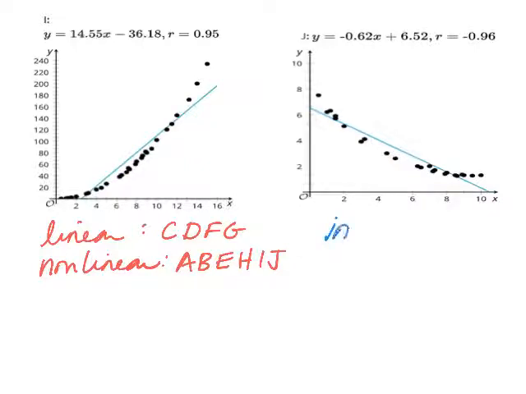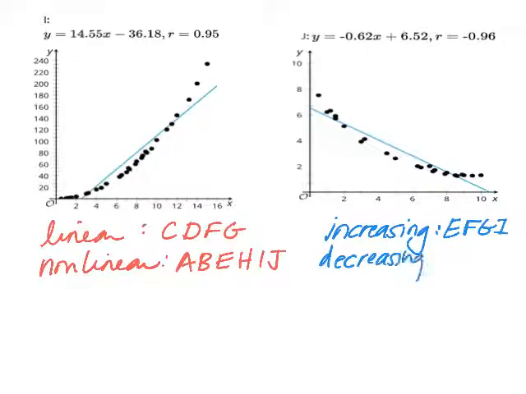So we have our increasing, and these were E, F, G, and I, and those decreasing were A, C, D, and J. And of course, those that were neither were B and H. See how you did.